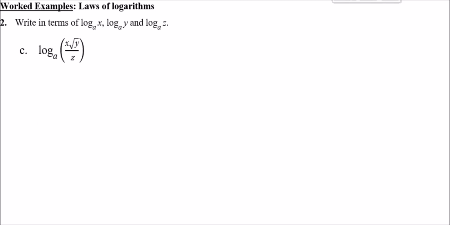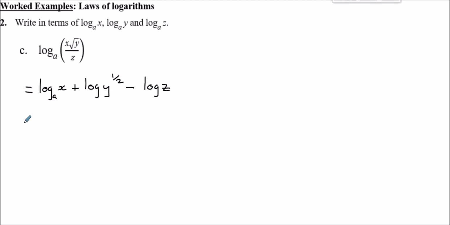Part C, same idea as before. So this is a combination of the multiplication law. This top bit is a product, and the division law, because over z means we can divide all of this by z. And so this is log base a of x plus log base a of the square root of y, which is y to the power of a half, minus log z.